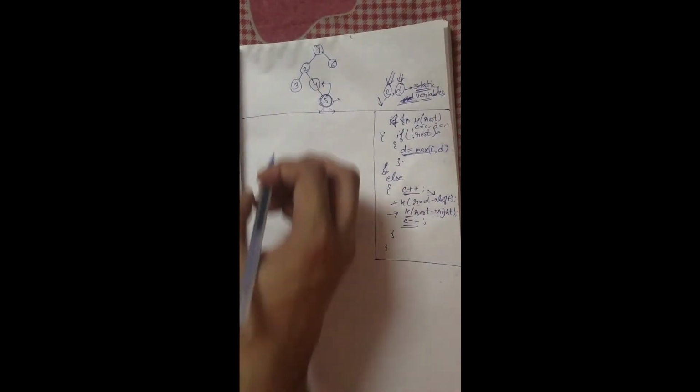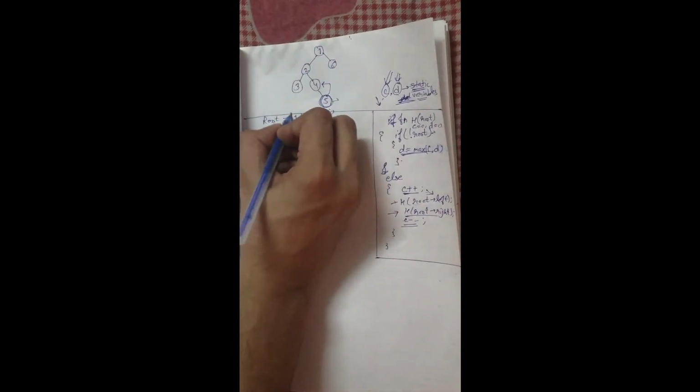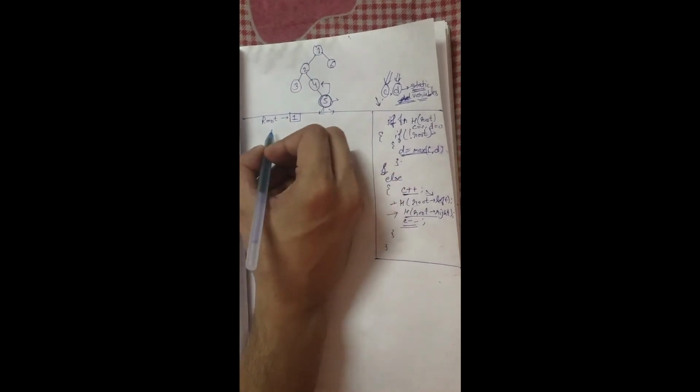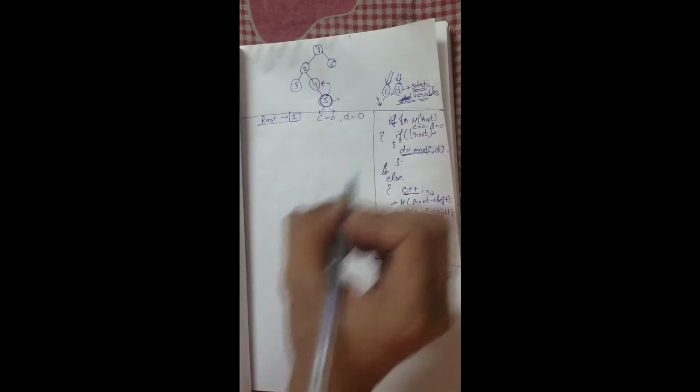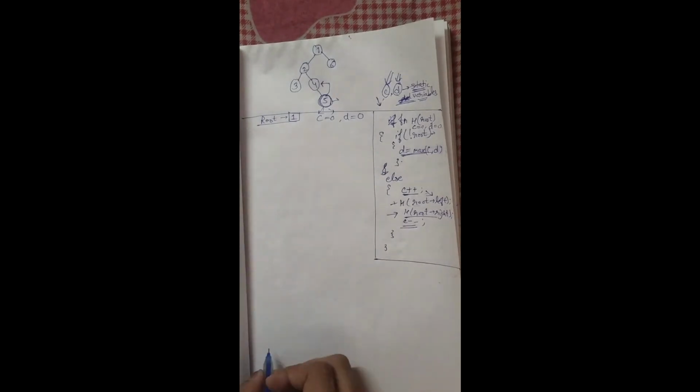So let's run it. So your root is 1. Okay, your root is 1 now. So root is 1, C is 0, D is 0. So now first function call. So now this is your function call.